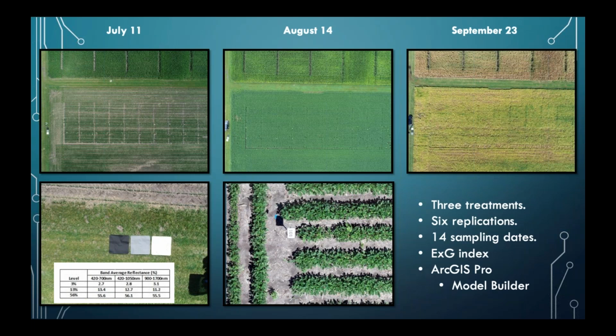But we did 14 sampling dates, and we calibrated this imagery using reflectance panels. And this bottom picture right there that we saw before with the 101 plot marker, that's only one of about 670 images taken at 30 feet above ground, stitched together to form a high resolution orthomosaic with sub-centimeter resolution, and those are what we used.